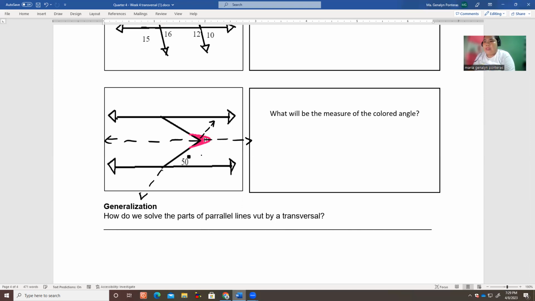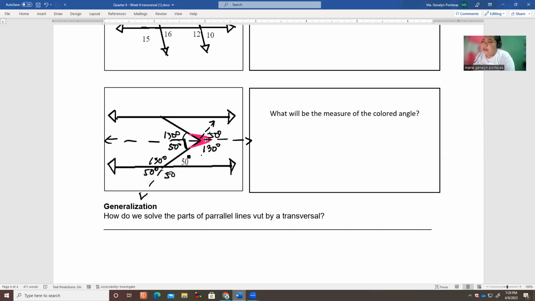So if this is 50, this one is 50, and this one is 50. And this one is 130, and so this will be 130. This is supplementary. This one is 130. This will be 50 and this will be 50.